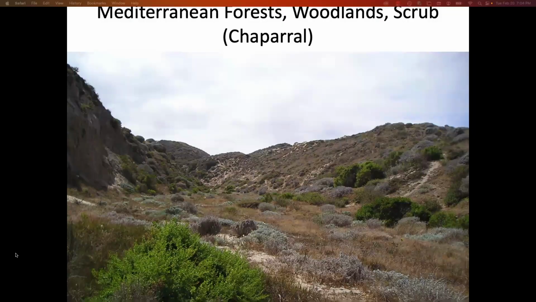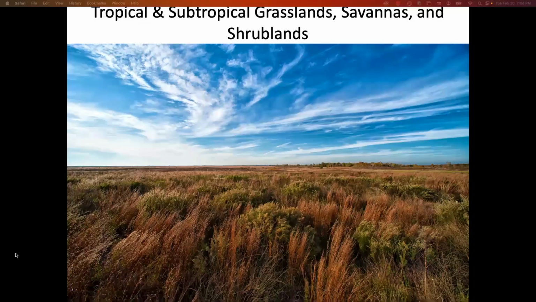And these areas often have what's called a Mediterranean climate, very similar to parts of Italy, North Africa, South Africa, or parts of Western Australia, parts of Chile as well.